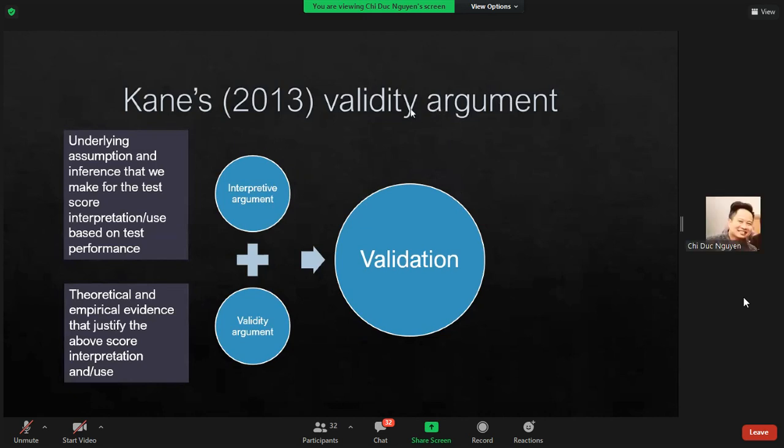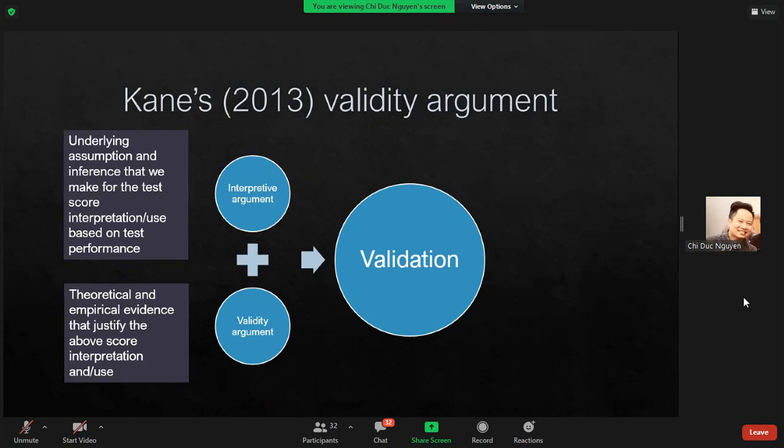Okay, so in this model of test validation, we need to have two kinds of arguments. In the first argument, we need to make explicit the underlying assumptions and inferences that we need to go from the test score to the decision that we make.